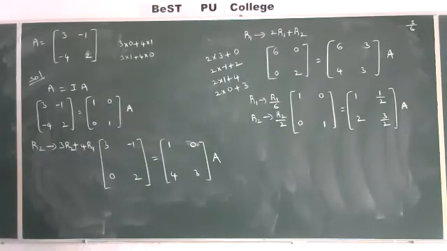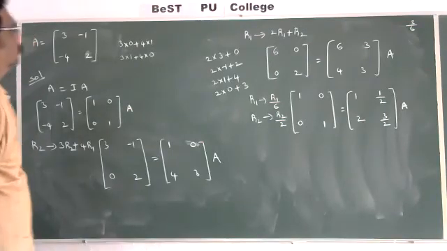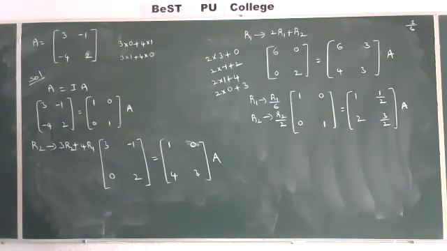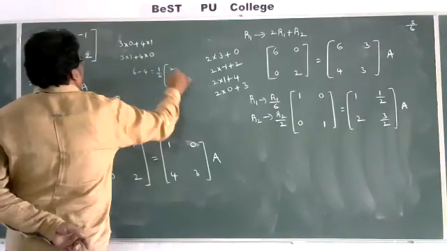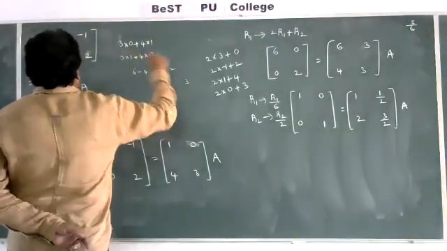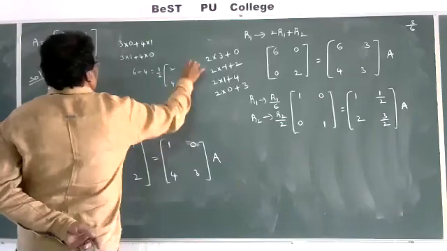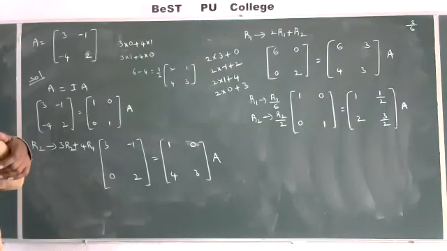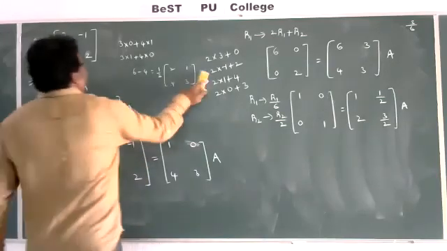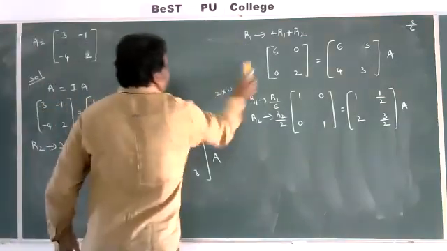Okay. Yes. X minus 4, 1 by 2, 3, 2, 3, 1, 4. 1 correct, 1, 1 by 2, 2, 3 by 2, correct. Yes.